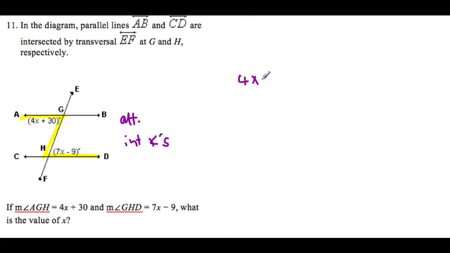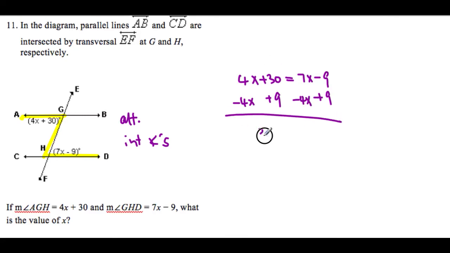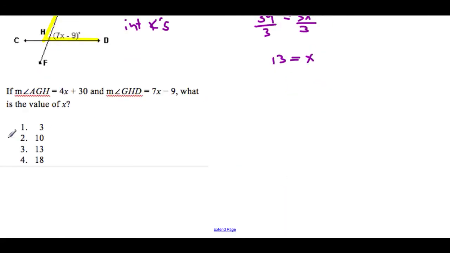So 4x plus 30 is equal to 7x minus 9. By adding 9 to each side and subtracting 4x, we get 39 must be equal to 3x. By dividing by 3, x now becomes 13. Now, choice 3 becomes our answer for that one.